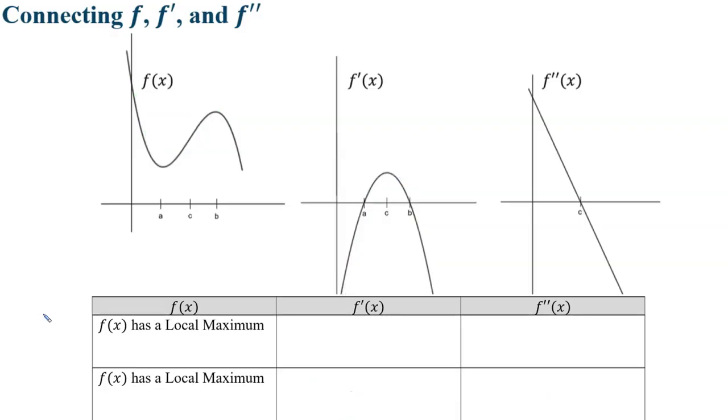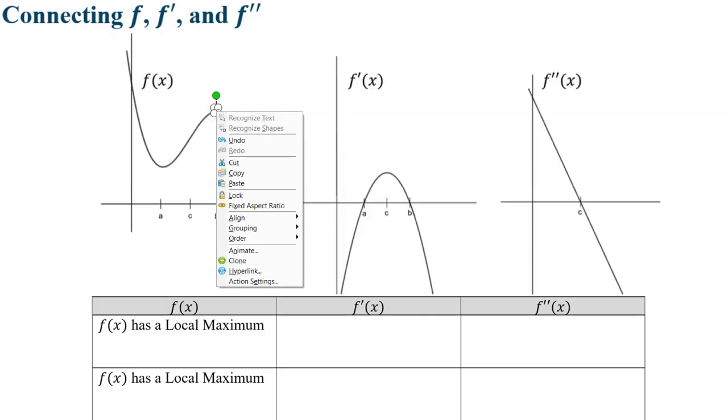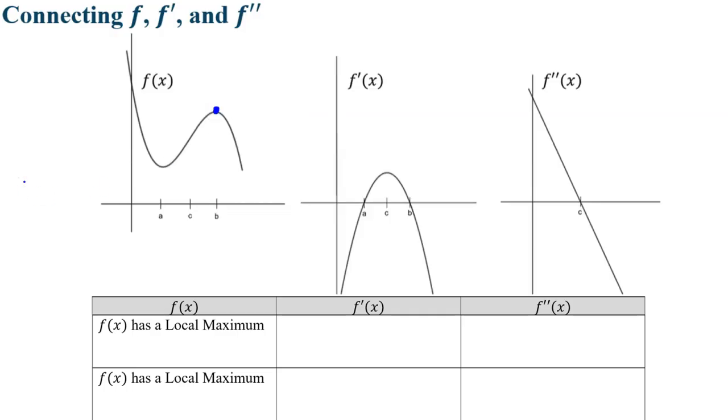All right, next up, let's talk about what happens at local maximums and local minimums. So when f of x has a local maximum, as in at x equals b here, with this function, what's happening at b on our derivative? Well, when the function switches from increasing to decreasing, that's when we're going to have the maximum.